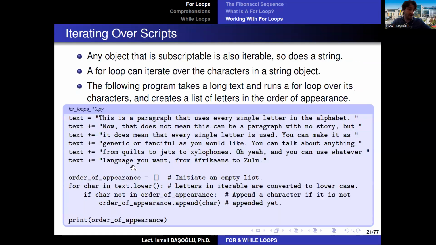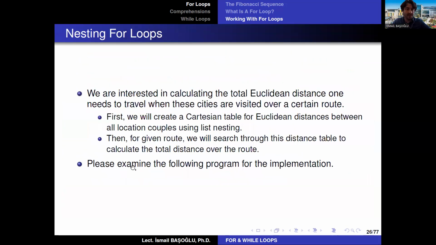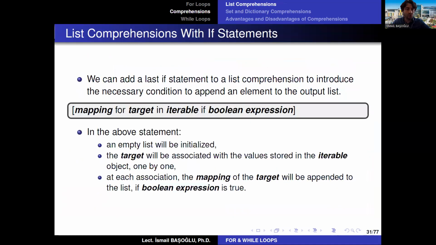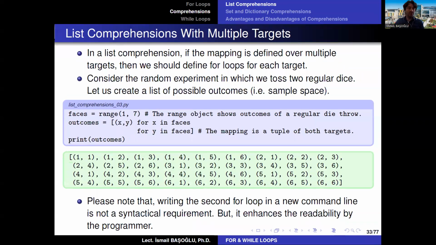Therefore, it is possible to create for loops using multiple assignment targets, and it is also possible to do that in list comprehension. So let's see how this works.